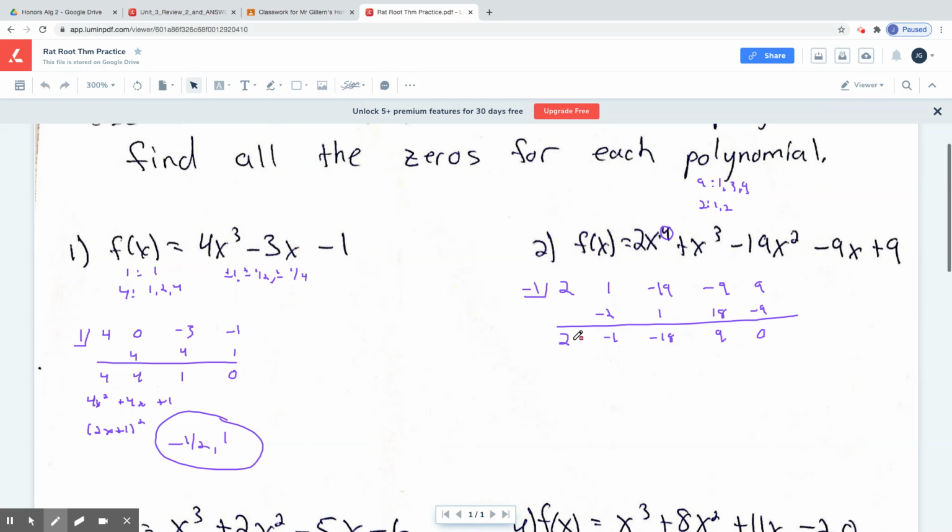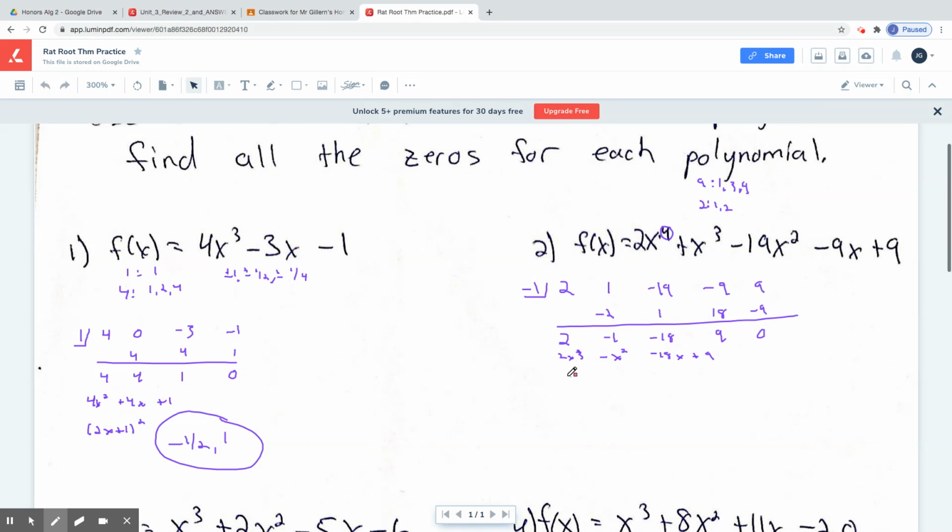All right. I have 2x cubed minus x squared minus 18x plus 9. All right. So for this one, the only thing we can do is potentially factor this by grouping.